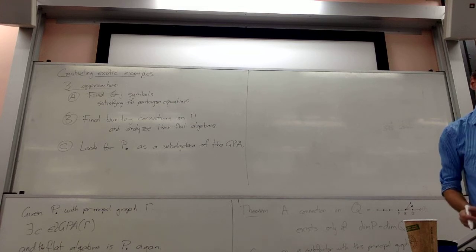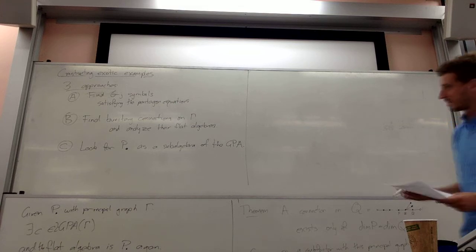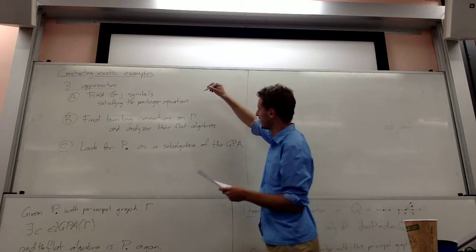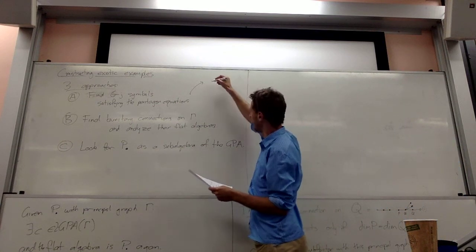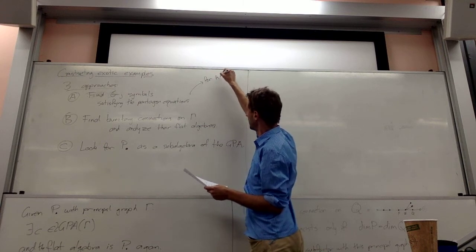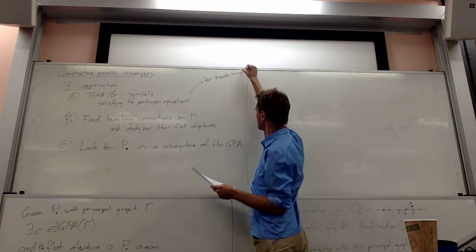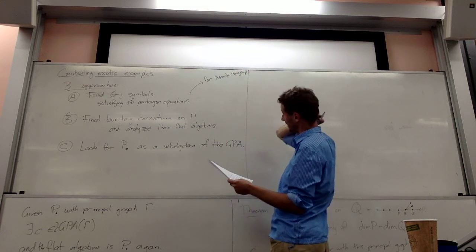So let me briefly indicate why this one is bad. Say you wanted to do this for the Asaeda-Haagerup principal graph, which is one of the possibilities that came out of our combinatorial classification.